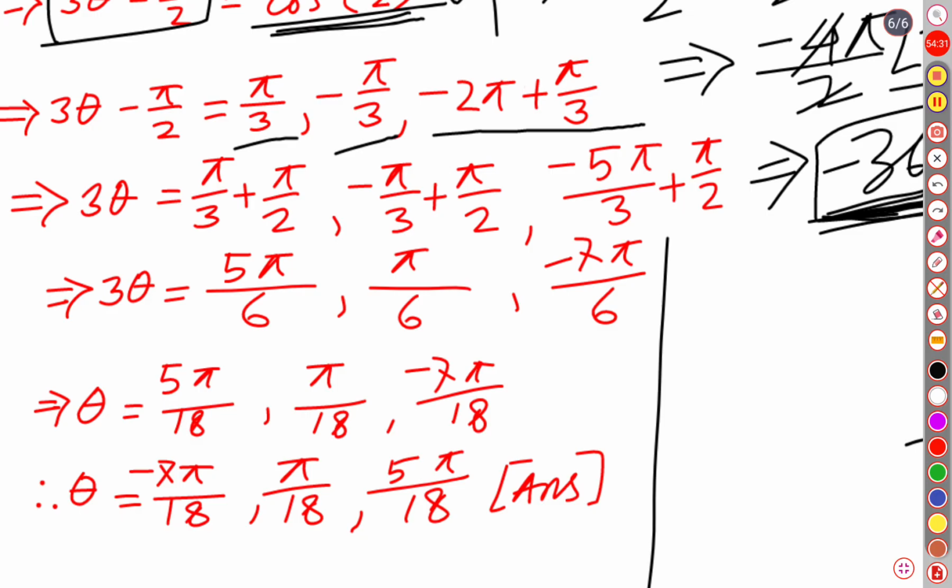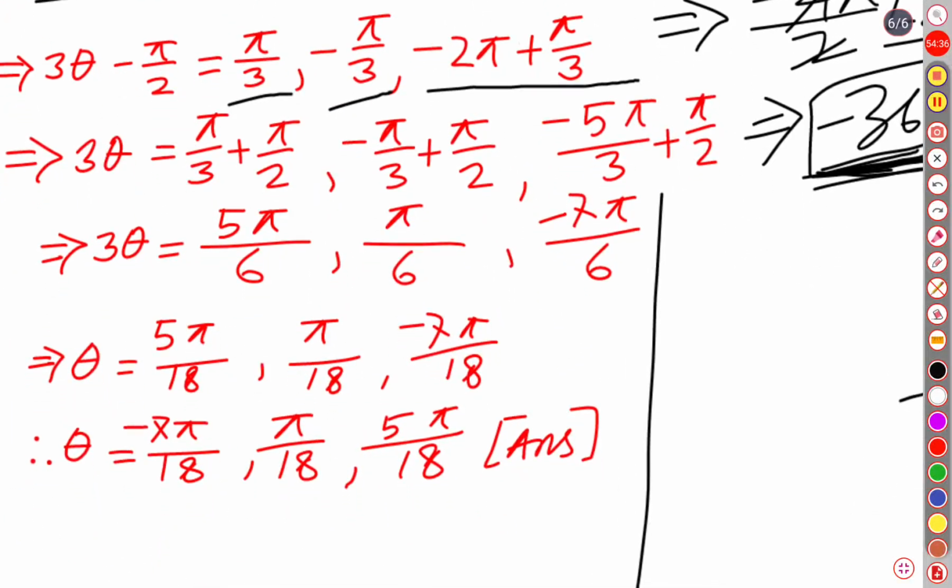If we simplify this pi over 3, from the left side we are going to transpose this negative pi over 2 to the right side. So we have added pi over 2 to everything. And look at this, in the third one, 3 2s are 6, 3 2s are 6.